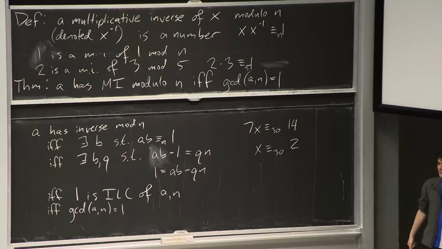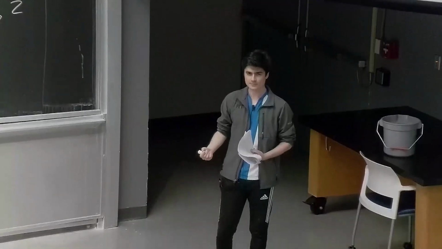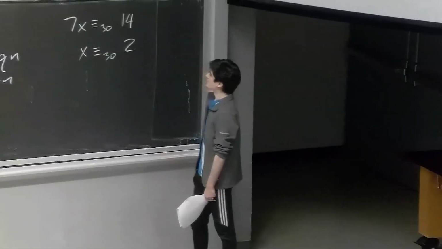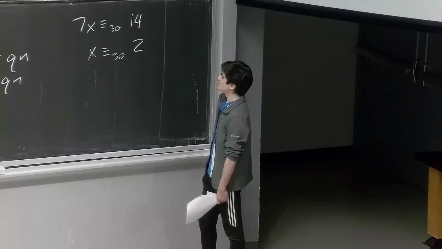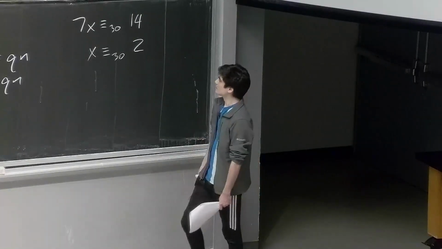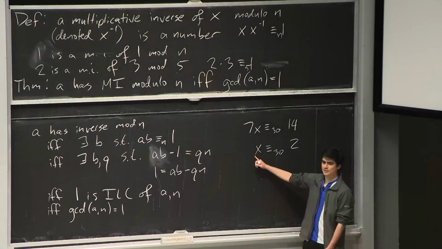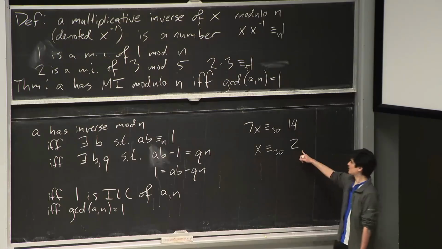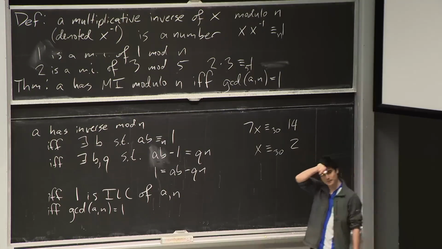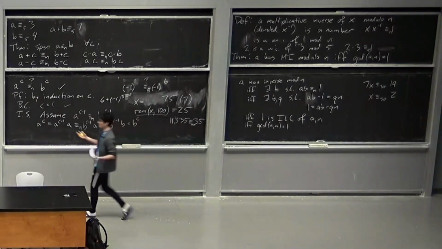I suppose more formally, we want to find a multiplicative inverse of 7. And I think 13 is such an inverse: 7 times 13 is 91. So if we multiply both sides by 13, we'll get a coefficient of 1 over here, and we'll get 2 on the right-hand side. So sometimes you can divide, but not always.